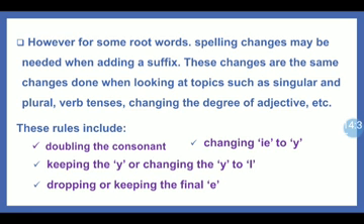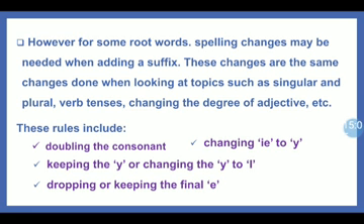We also have to consider when we keep the Y and make an addition, or when we change the Y to I. And also when we drop the E from a particular word, or when we keep the E. So for example, take, T-A-K-E.